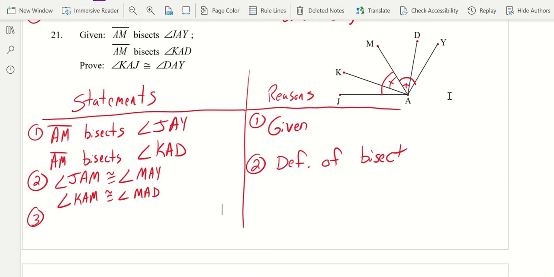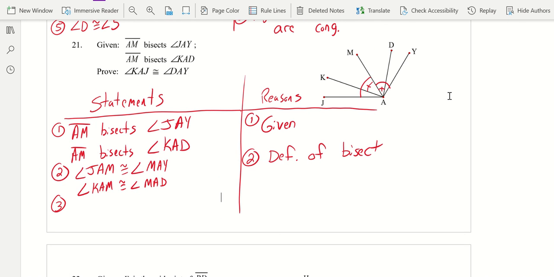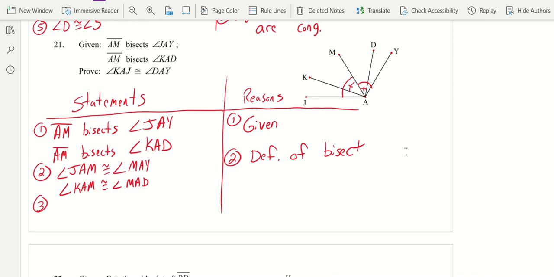I'm trying to make the division property work here, but keep in mind with the division property, we're taking that larger angle, like the measure of angle JAM, and it's been bisected, right? We divide it. The problem is JAM, the larger angle, has not been bisected. So when we divide that by 2, it's not like JAM divided by 2 equals KAJ. We don't know that.